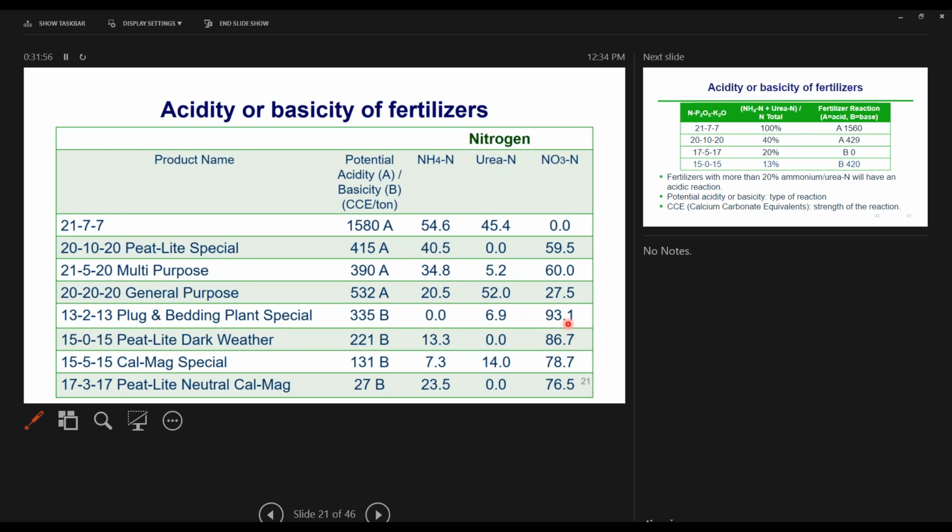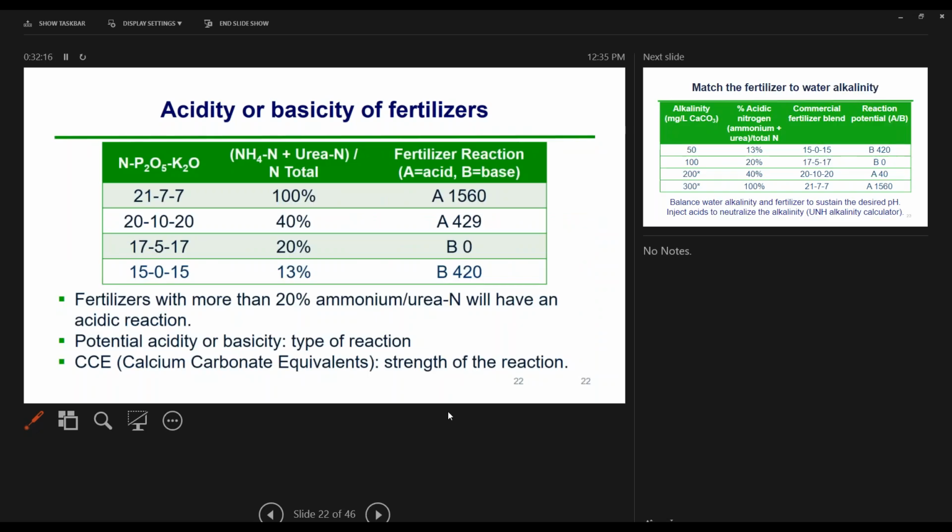Likewise, if we come to this one down here, which is a much more basic fertilizer, you can see 93% of this fertilizer is nitrate, and that's why it's such a basic fertilizer, right? So make sure you understand the label so you can make a real informed decision when you're choosing your fertilizer.